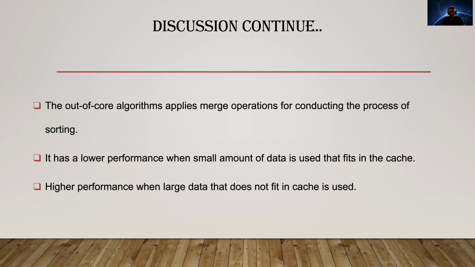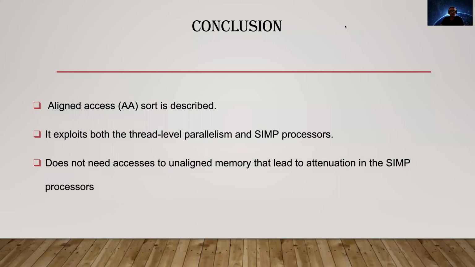This is due to having much better memory access locality than the in-core sorting, which suffers from that challenge. In conclusion, the AA sort exploits both thread-level parallelism and the SIMD processor, and does not need access to unaligned memory, which leads to attenuation in the SIMD processor.